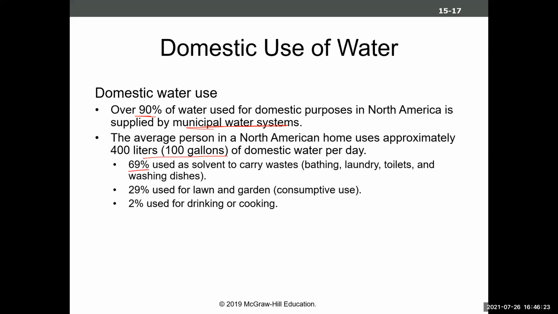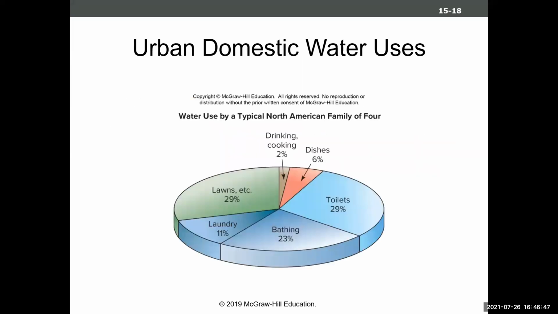This is to wash clothes, wash lawns, toilets, bathing, etc. 29% is used to keep your lawn and garden up, and 2% is used for consumption, so drinking and cooking, right? So we use a lot of water for other aspects of our daily lives rather than consumption, right? Here's the breakdown of that domestic water use for a family of 4 in North America, okay?